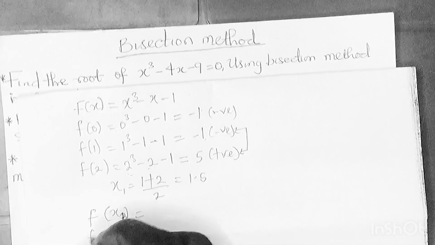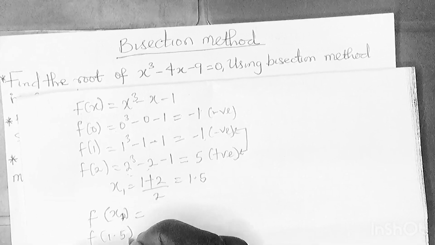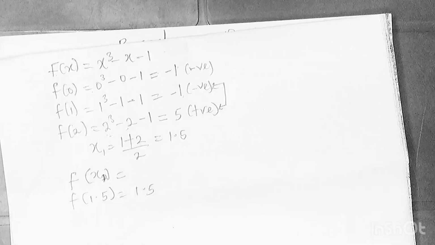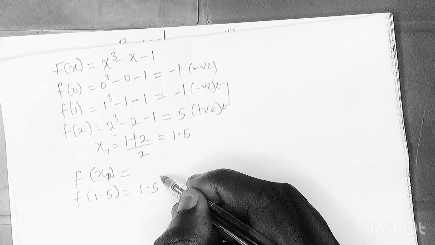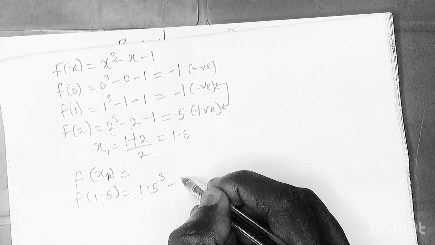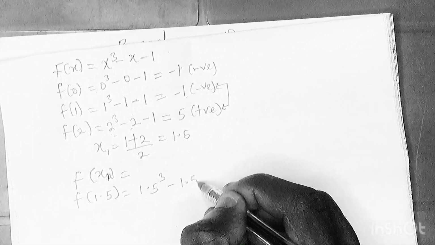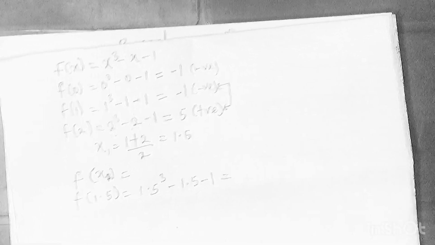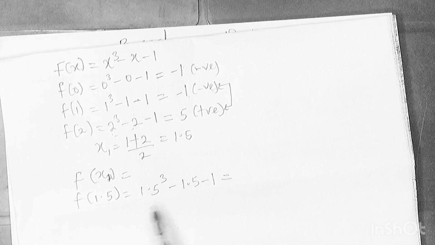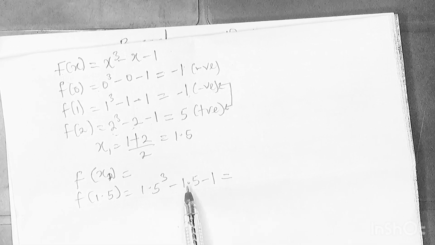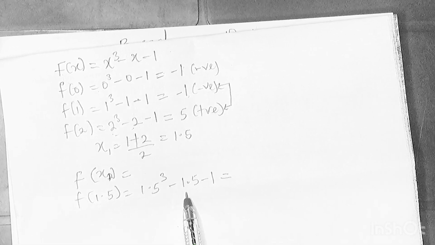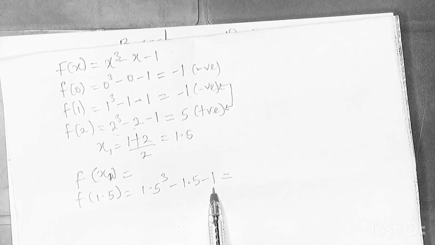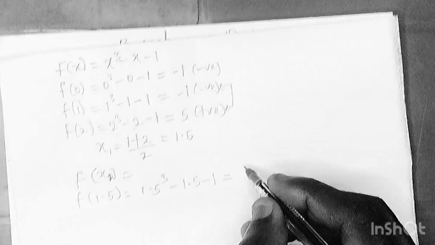So that's f of 1.5. And that'll be 1.5 raised to power 3 minus 1.5 minus 1. If you do that, we have 1.5 raised to power 3 minus 1.5 and minus 1.